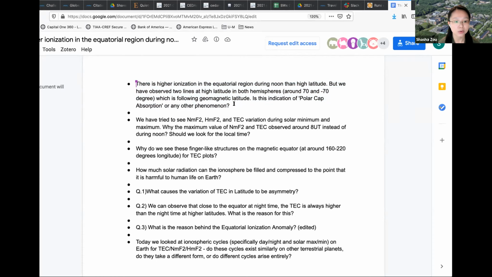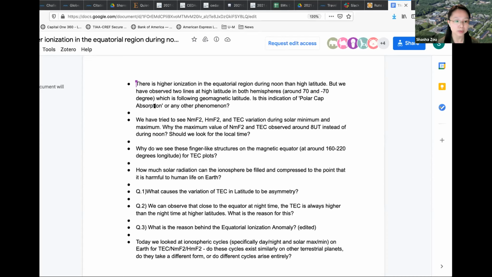The aurora ionization is another type of ionization that can cause the ionosphere E region. They are due to energetic charged particles coming from the magnetosphere, instead of solar radiation, which is the photons coming down and causing photoionization. So that's a different type of ionization process, but it's also very important for high latitude.